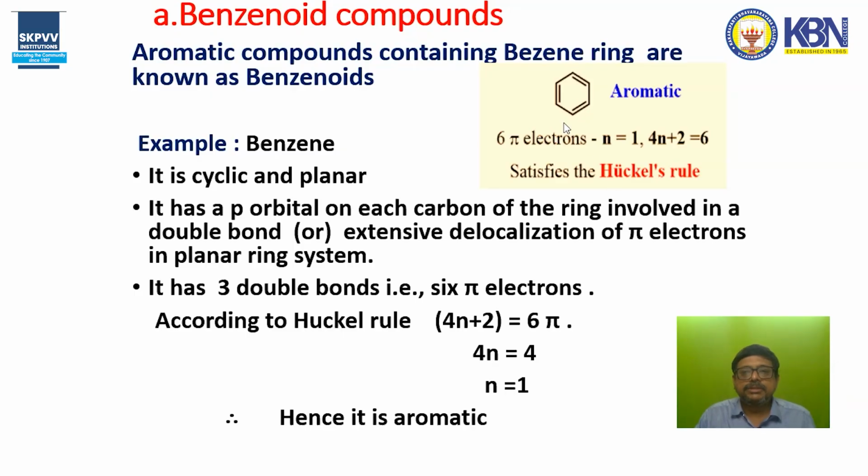It has 3 double bonds, that means 6 pi electrons. According to Huckel rule, 4n plus 2 is equal to 6 pi electrons, so n is equal to 1. N is a Huckel series number, so it is aromatic. So benzene is an aromatic compound. It satisfies Huckel rule.